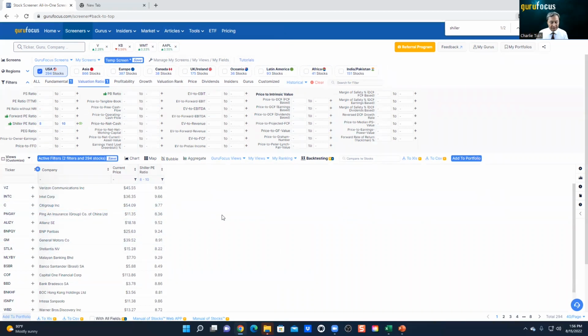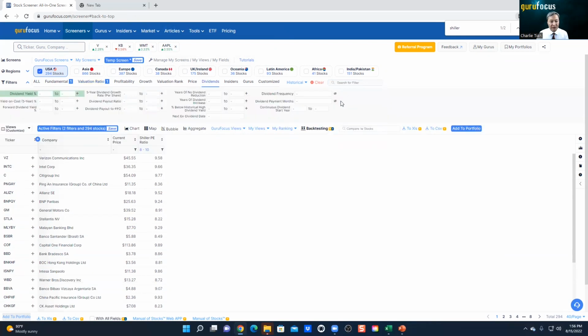Also, when you cannot find a field, you can always search. For instance, if we want to search dividend yield, you just search it, and it will come to here and highlight the field for you. That's a new feature we actually released. I think it can be very convenient to make searching for filters better.